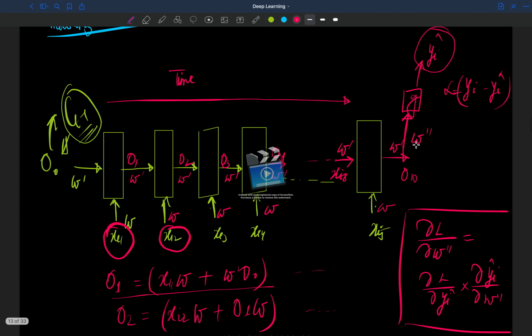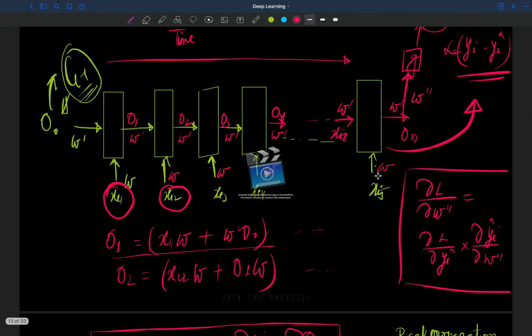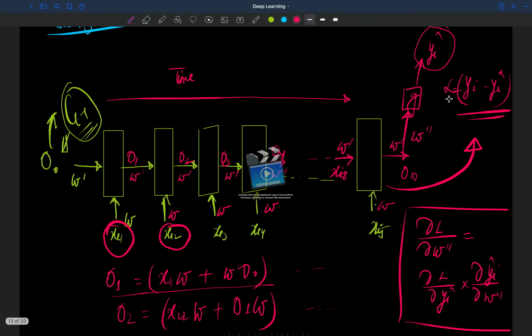So here we are finally computing the loss function at the last neural network. This is the loss.